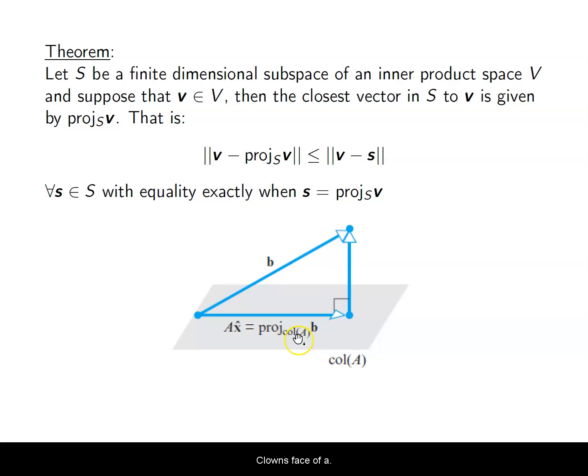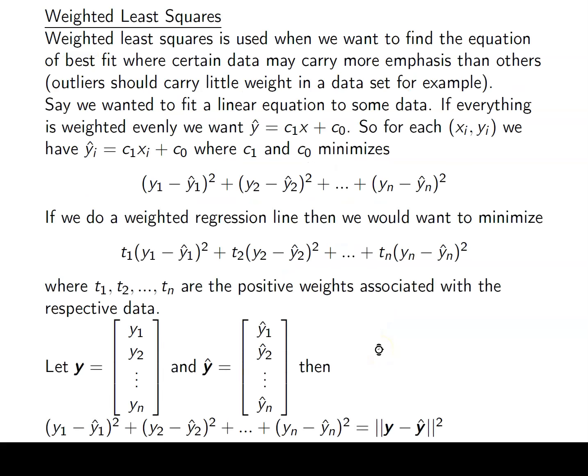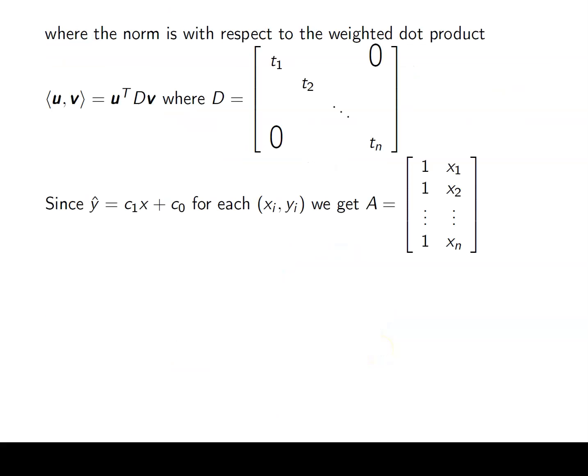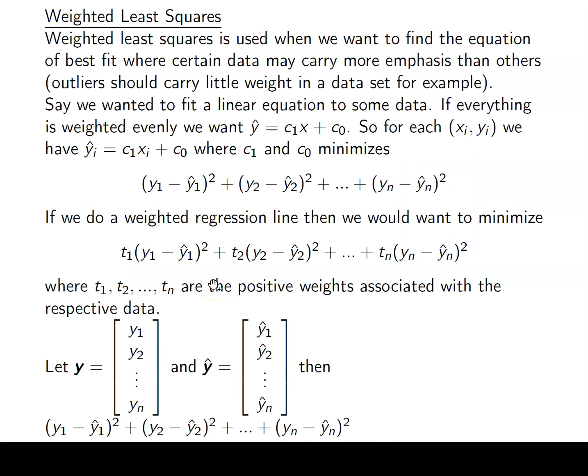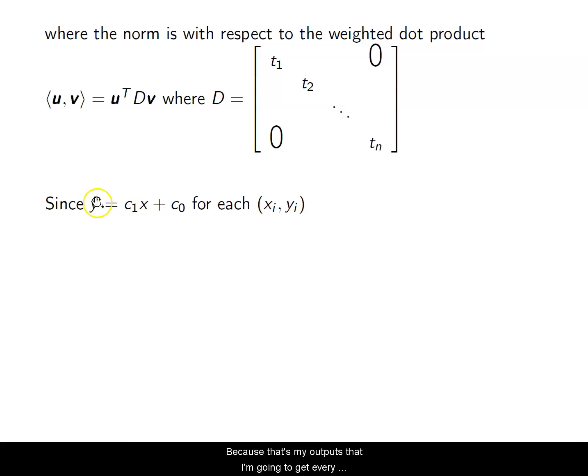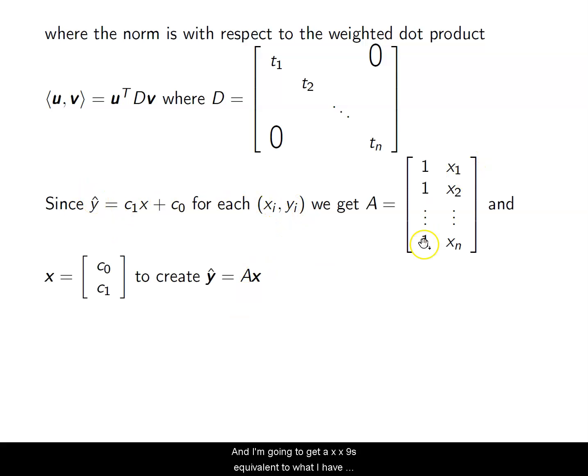Okay, and column space of A is that subspace S that I'm looking at. Here we use that y hat vector, because that's my outputs that I'm going to get every time I plug this in, and I'm going to get A times X, right, and that's equivalent to what I have here.